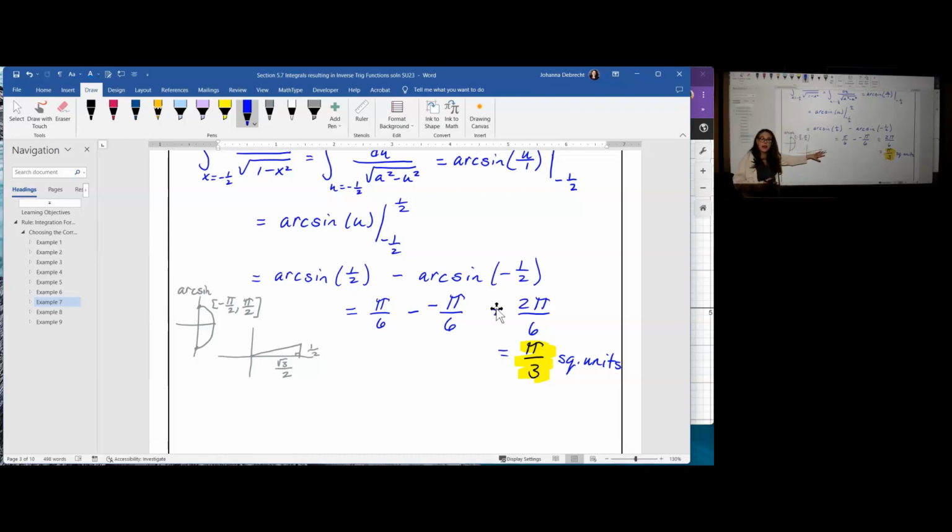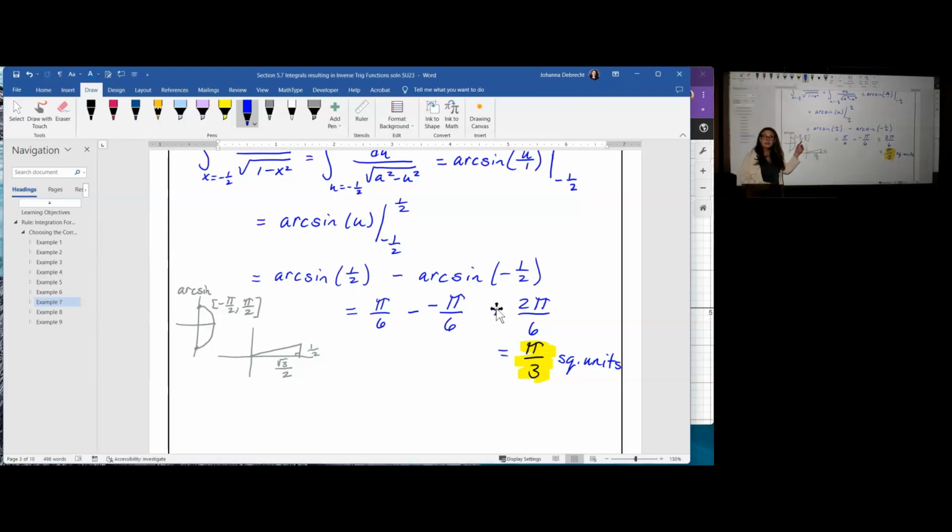Sine gives you a 1/2 when it is a long but low triangle of the 30, 60, 90 variety. Because it's the low one, this must be the 30 degrees or pi over 6. Since I know that the positive one is pi over 6, then you want to find the other one. Remember that although it is equivalent to 11 pi over 6, you cannot use the value 11 pi over 6.